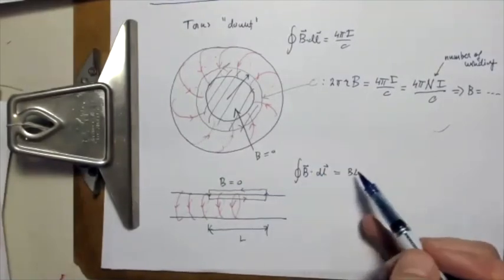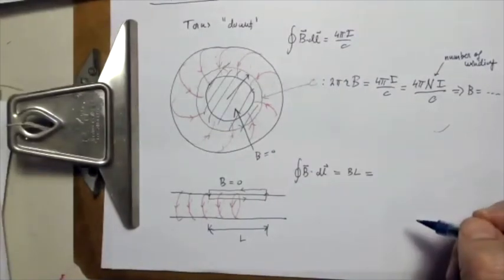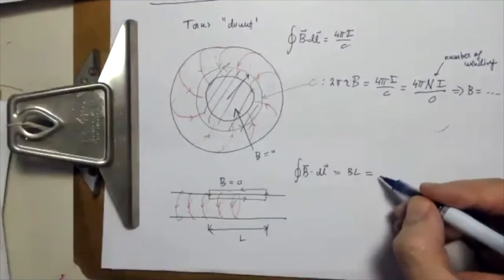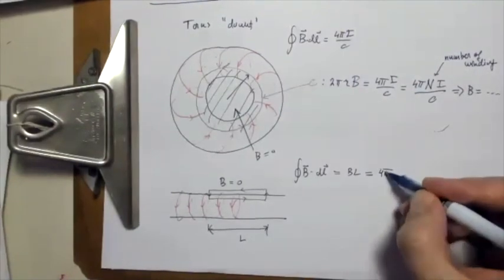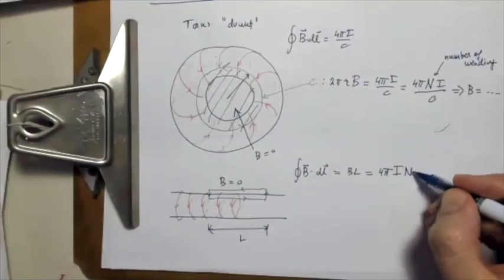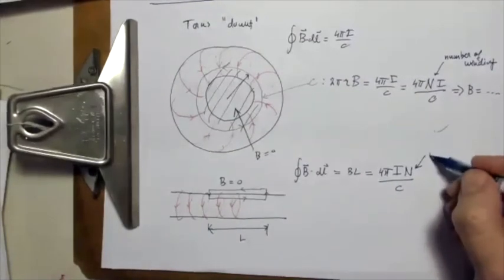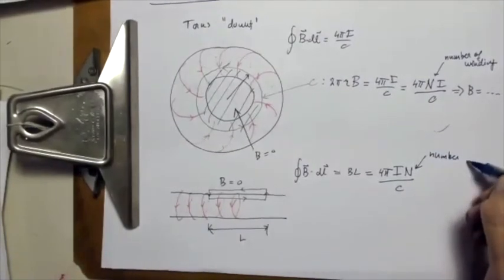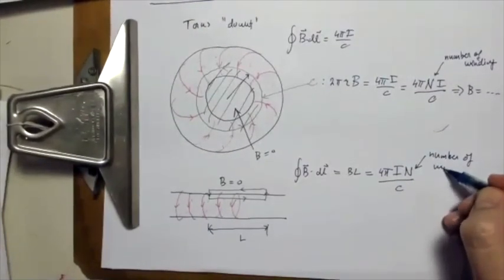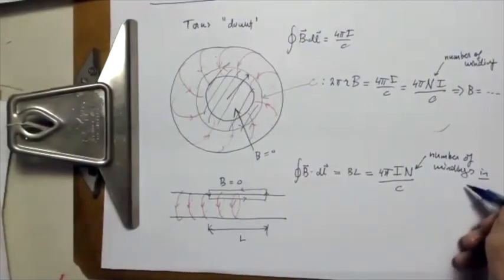So that's just B times L. And that's equal to 4 pi I. Now I here is again I times however many we have over C, but now this is the number of windings in the contour.